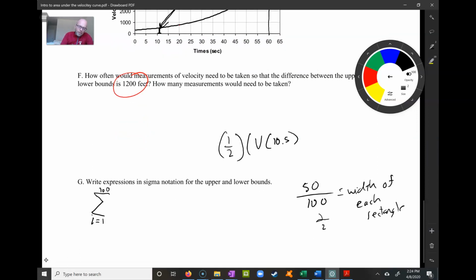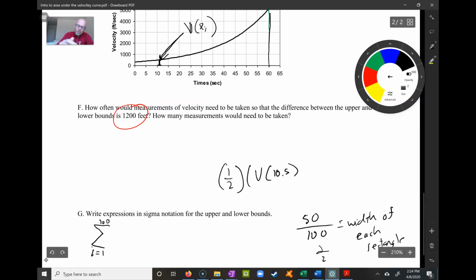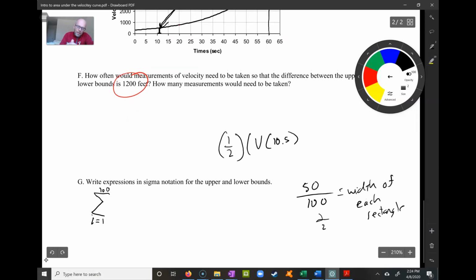So basically what this expression is going to look like, because we're using right-hand sums to be upper bound, the sigma notation for the upper bound is going to be 1/2 times velocity evaluated somewhere in time.